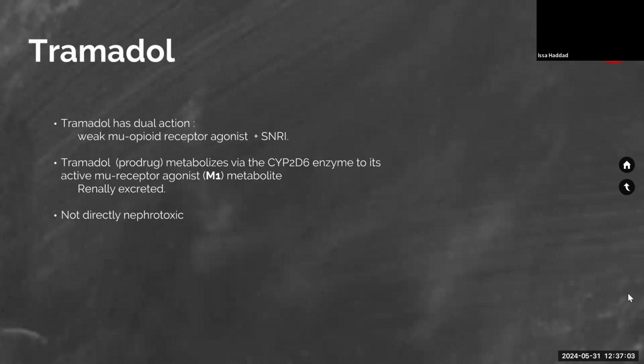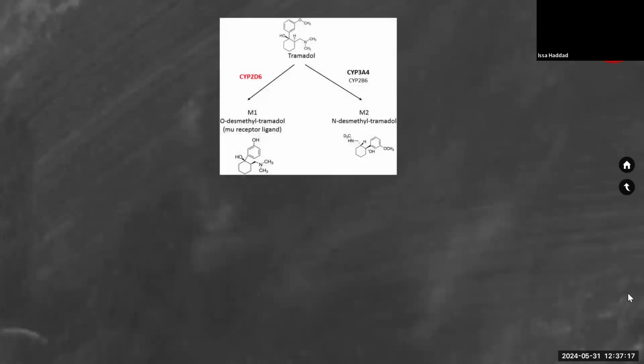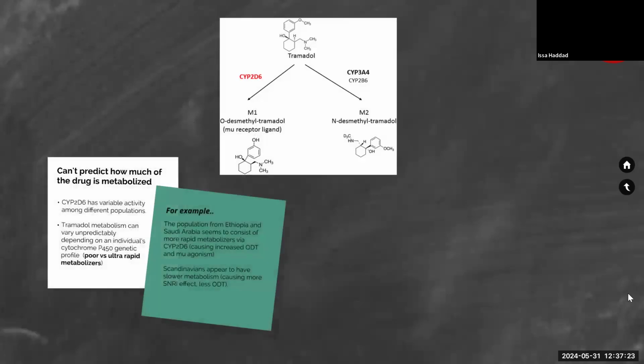What actually turns out is that tramadol is not the best drug for CKD patients and advanced CKD patients, because it can be metabolized to the M1 metabolite. It's not directly nephrotoxic, but the problem with tramadol is its metabolism. It gets metabolized through CYP2D6, and you can't predict how much of the drug is metabolized.